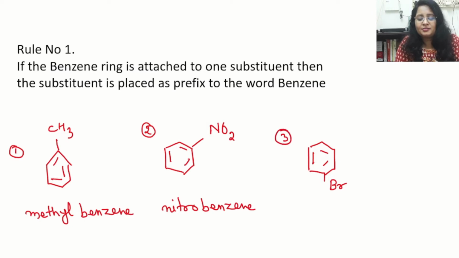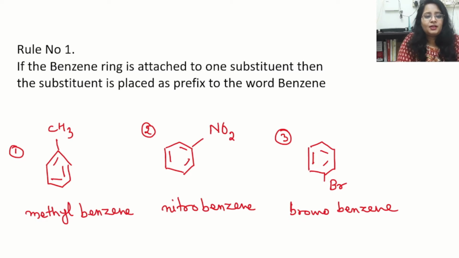In the third example, we have a bromo group as a substituent. So we will write bromobenzene. So these are the rules for a monosubstituted benzene.